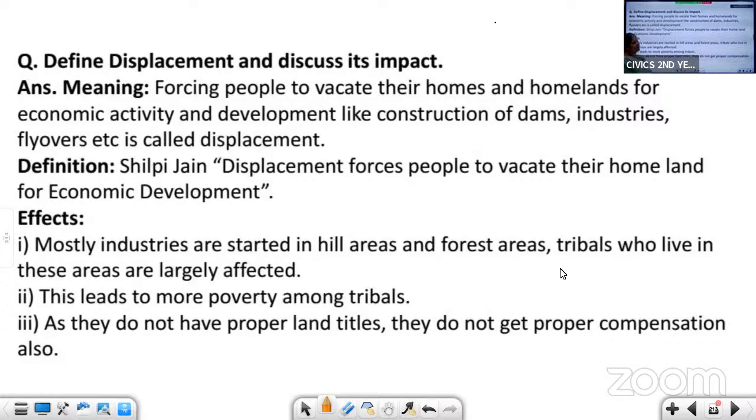In the name of development, people are being displaced. They are forced to vacate, to leave their homes or homelands. A simple example I'll give you is the widening of roads.